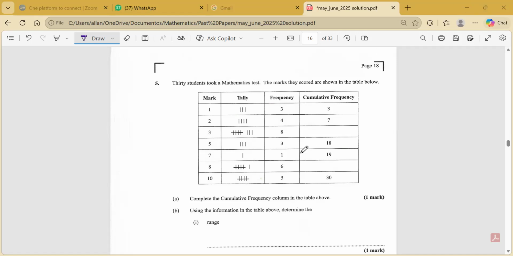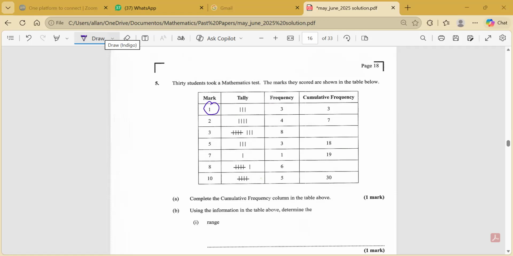So cumulative frequency is a running total of the marks, and I'll explain that. So how many ones do we have?